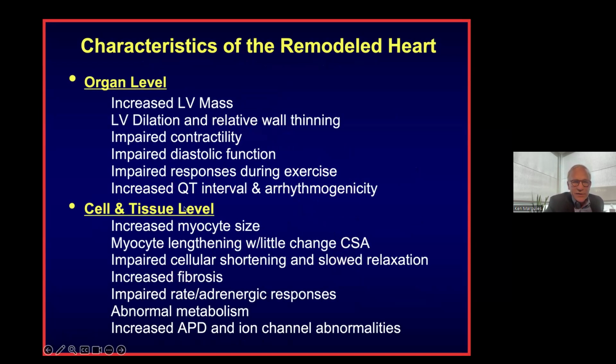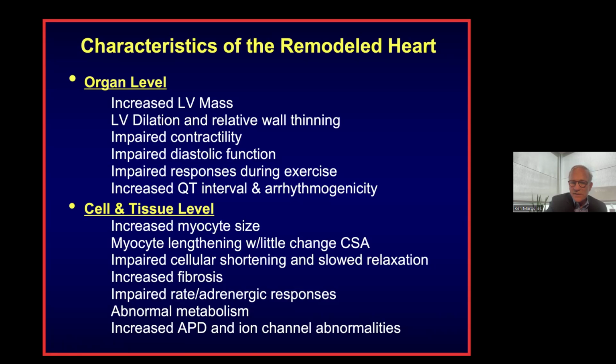Impaired contractility at the organ level is mirrored by impaired cellular shortening and slowed relaxation at the cellular level. Likewise, diastolic dysfunction or stiffness of the heart may be a reflection of increased fibrosis within the heart, and so on. Even the electrical abnormalities reflect changes in electrophysiology and ion channel abnormalities within cardiac myocytes.